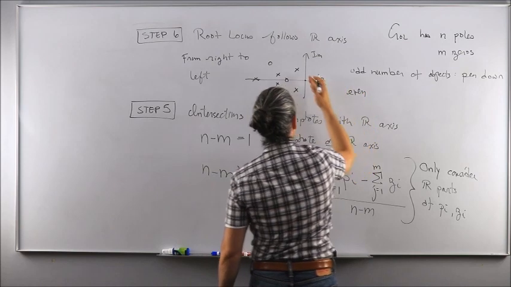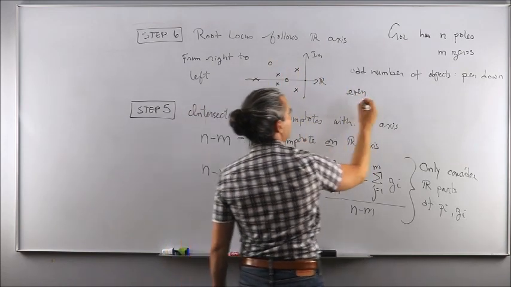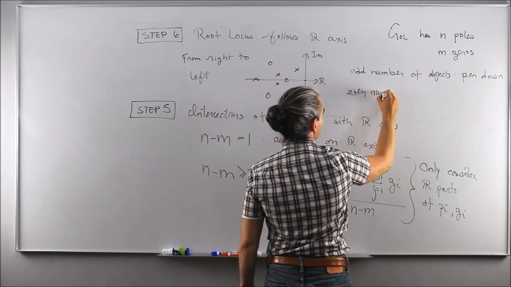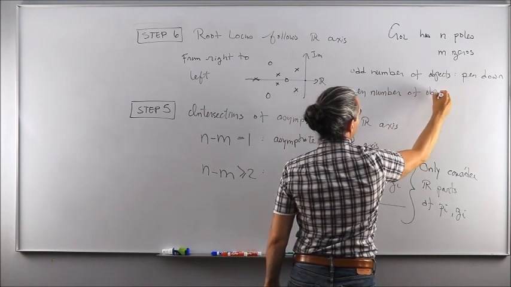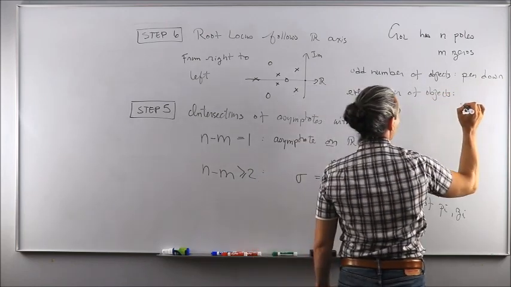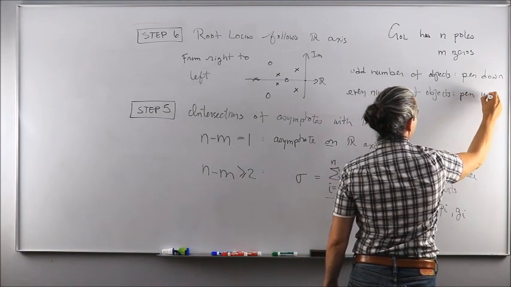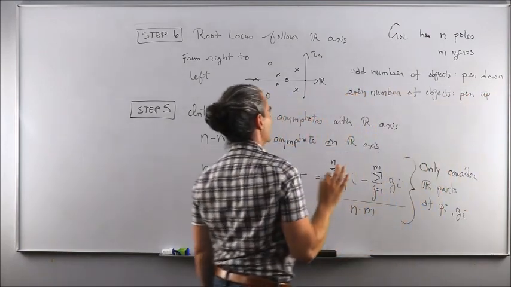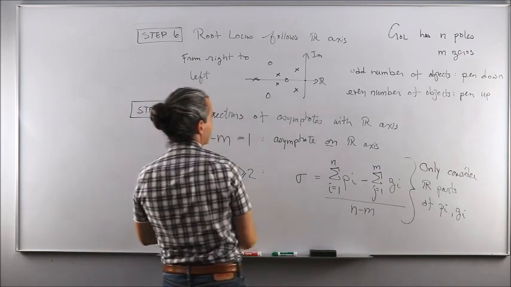Whenever the net objects encountered so far up to that point gives you an even number, you raise your pen. So pen up. You stop drawing, okay? So let me do a quick example of what we have here.